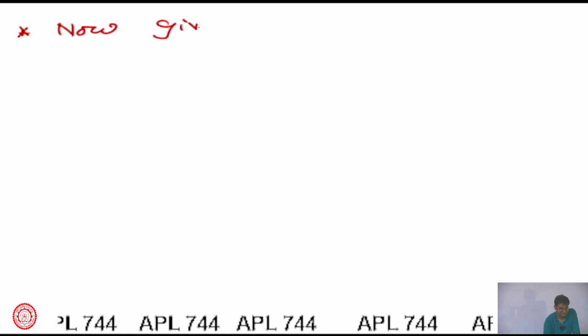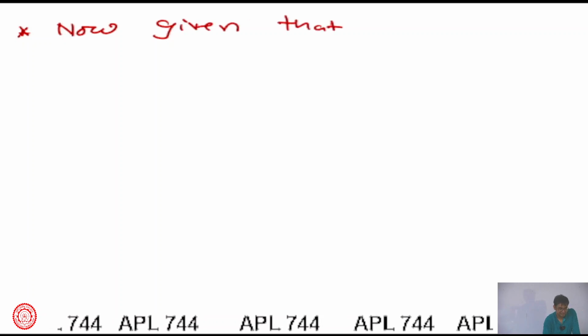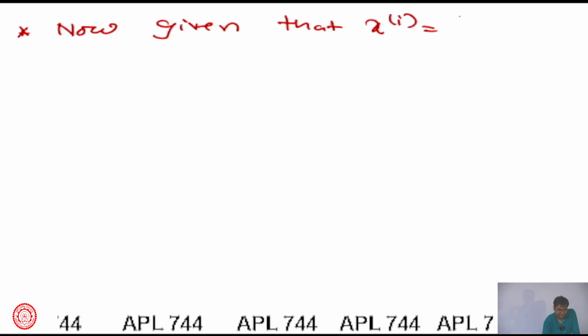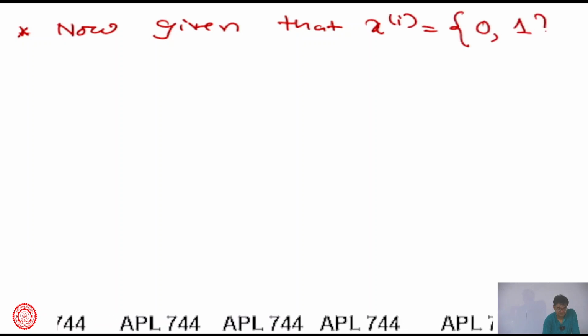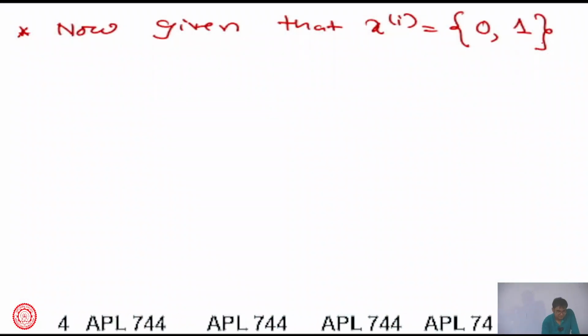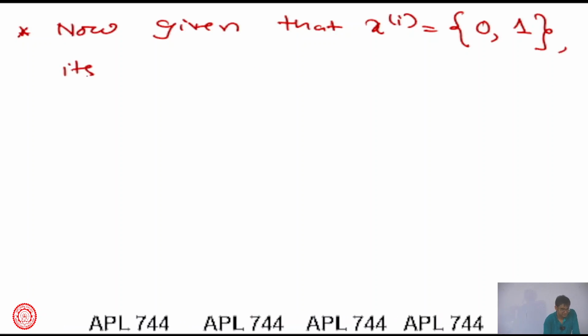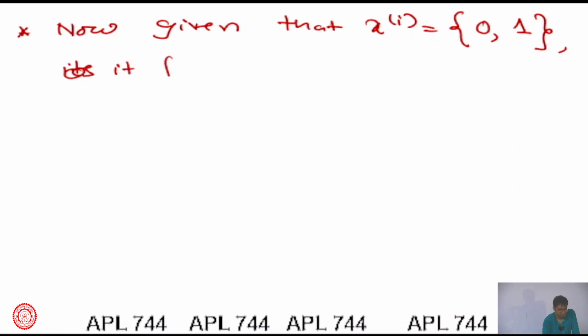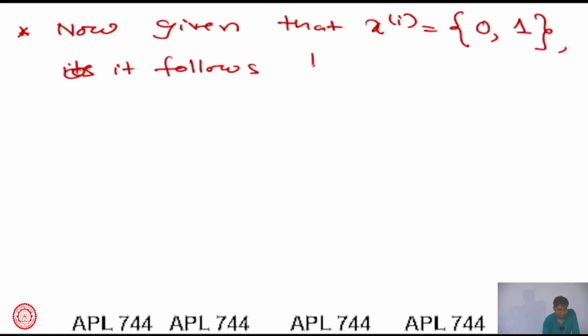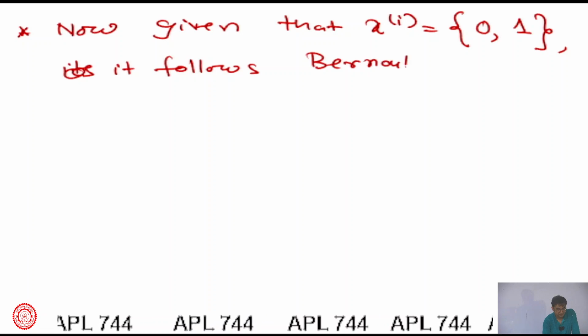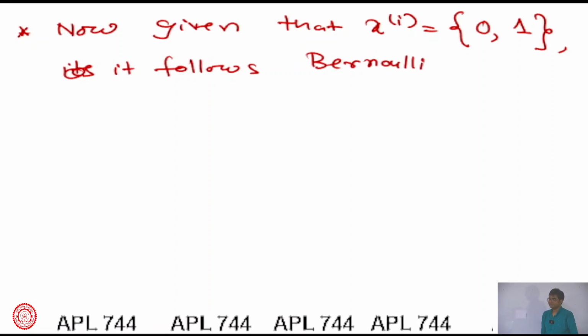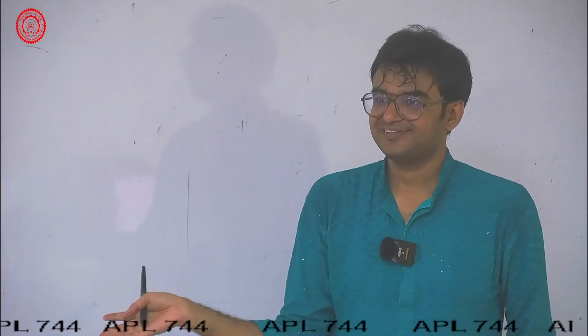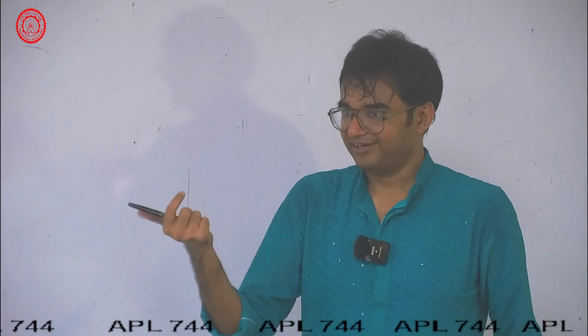Given that xi will be either 0 or 1, a binary value, it follows the Bernoulli distribution, because the Bernoulli distribution is for any scenario where you have a success or failure case, like tossing a coin, head or tail.